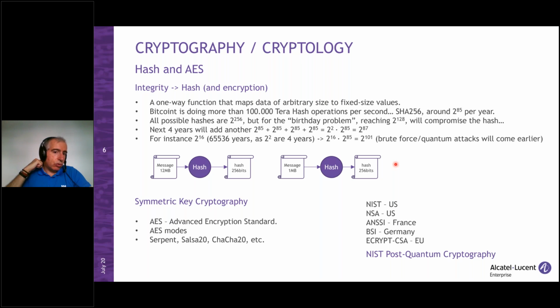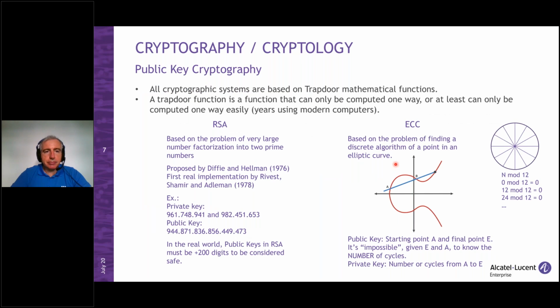If you go to the NSA recommendations for 2030, they are not providing any recommendation at all, because they are pretty sure that all these mechanisms will probably be wiped out by quantum processing. Okay, let's go to public cryptography.